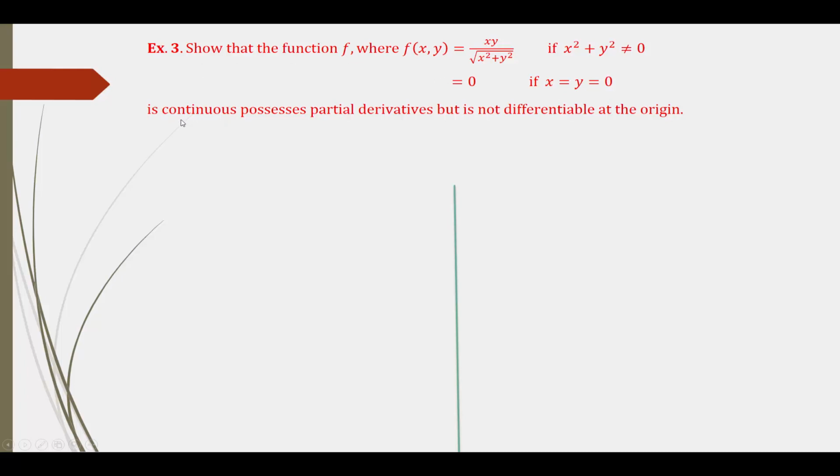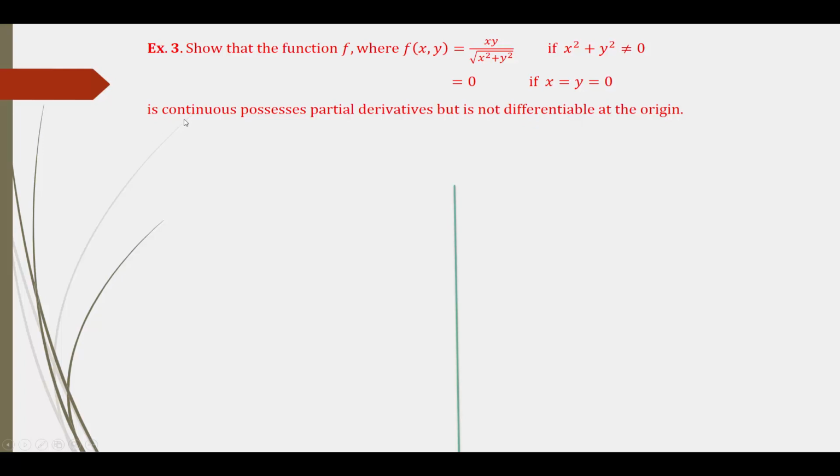Show that the function f is continuous and possesses partial derivatives but is not differentiable at the origin. Here there are three parts. One part is to show that the function f is continuous. The second part is to find the first order partial derivatives at the origin, that is fx(0,0) and fy(0,0), and the third part is to show that the function is not differentiable.